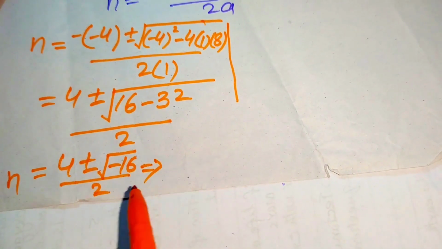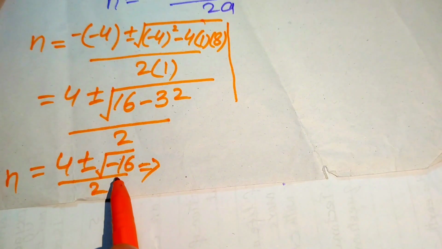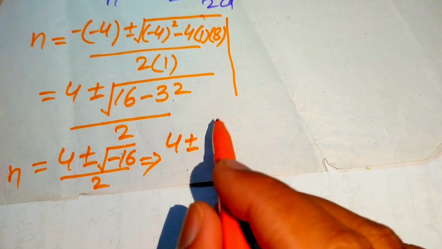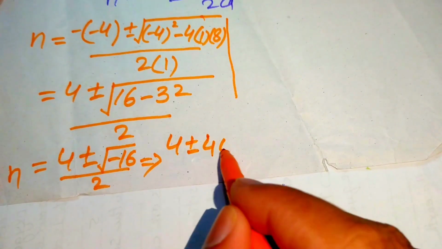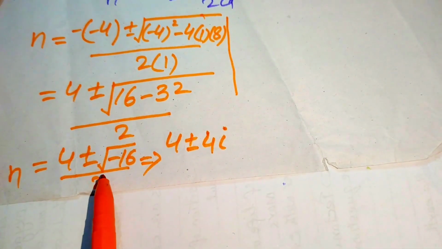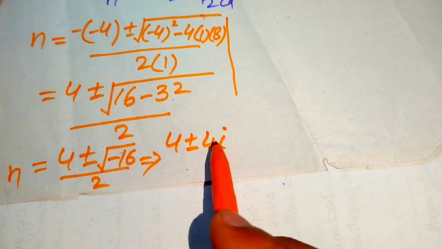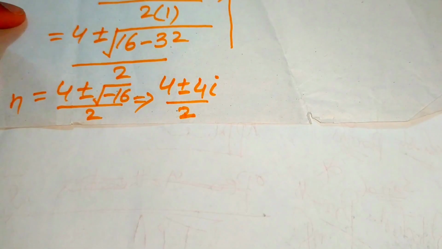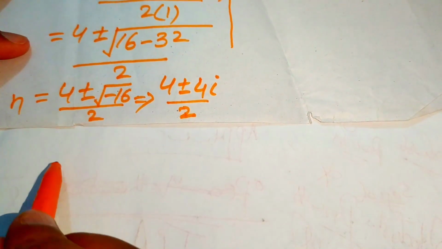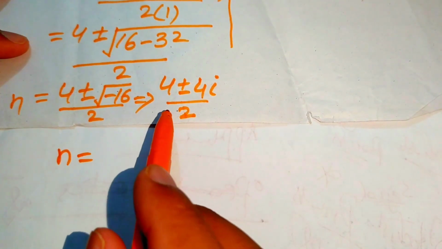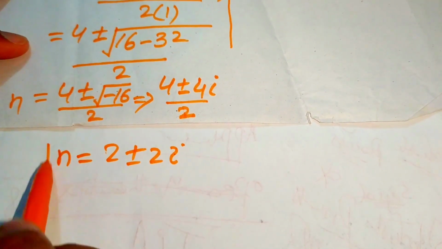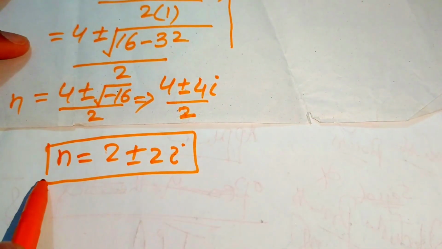This implies that we make the factors of 16, and we know that the square root of 16 equals 4, plus minus 4 times iota. We know that the minus sign occurs inside the square root, so it will be equal to iota, and this whole divided by 2. Now we separate these two terms and we get the first two complex roots: 2 plus minus 2 iota. So these are the two complex roots of the given equation.